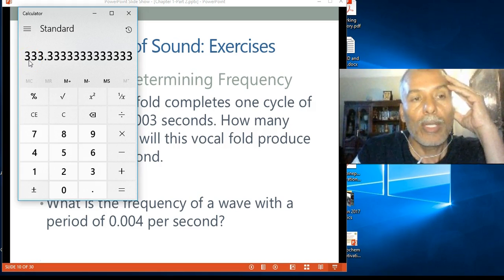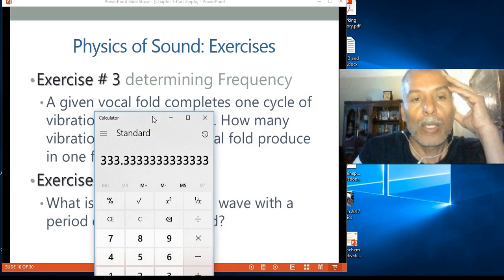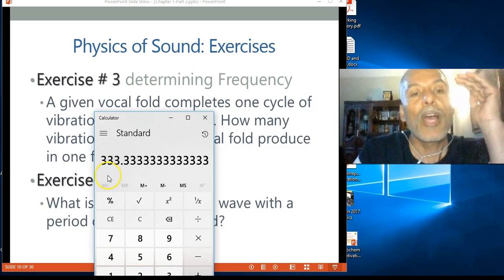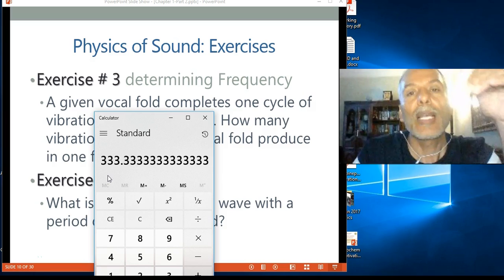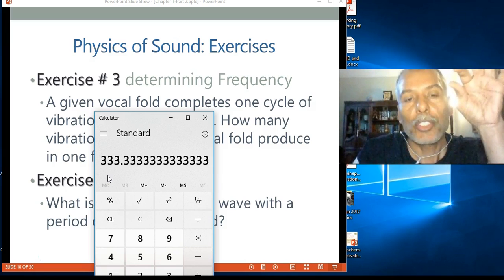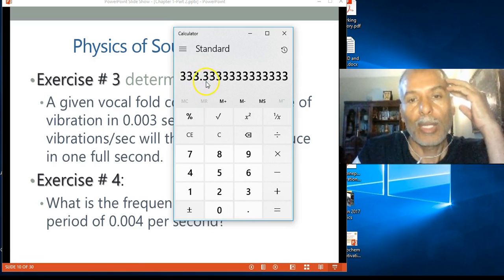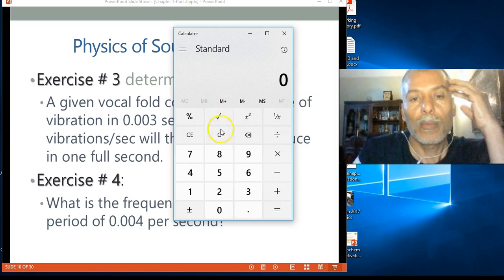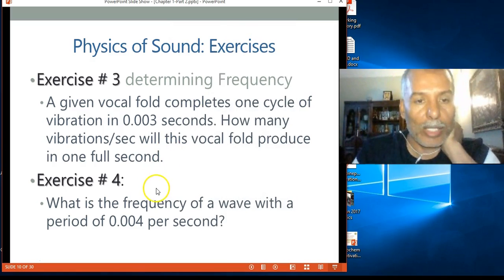So generally, that tells us that this vocal fold vibrates 333 times per second. I can tell this is a child's voice, particularly a child who is around 7 or 8 years of age. And you will learn how to guesstimate these later as we discuss the values of people's vibration rates.